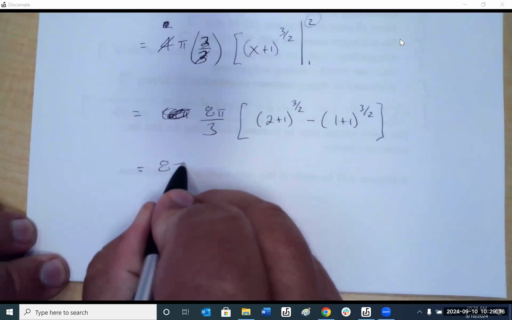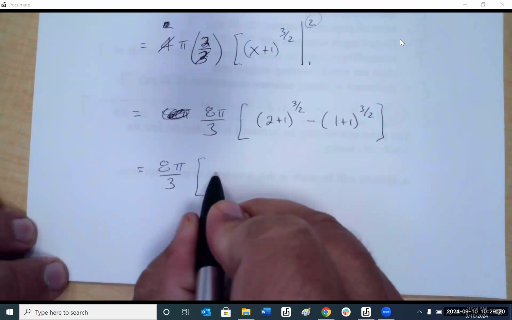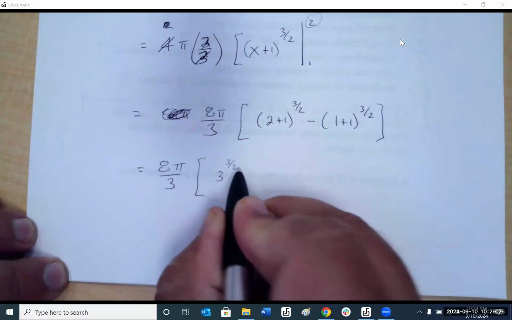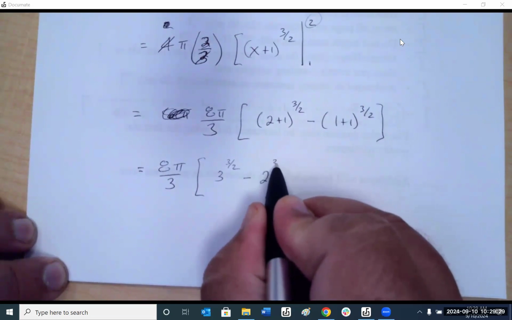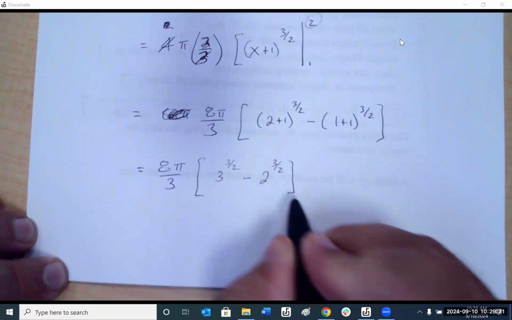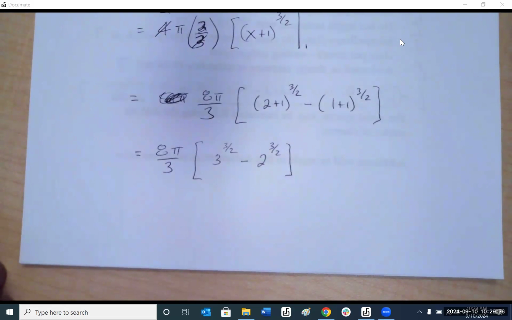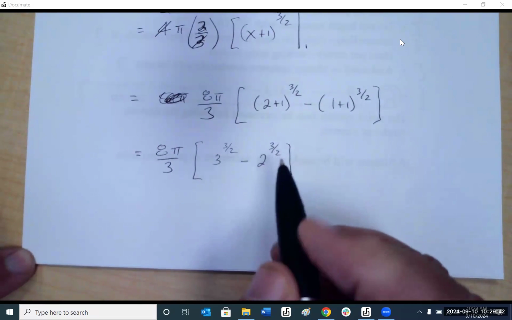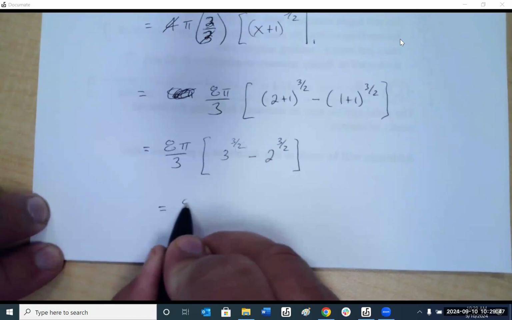We have 8 pi over 3 times 3 to the power 3 halves minus 2 to the power 3 halves. We can't square root either of those, so we just end there.